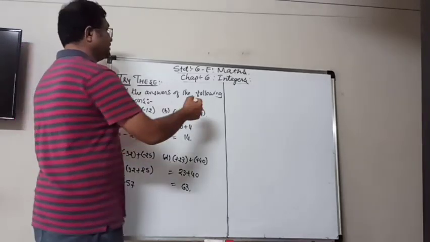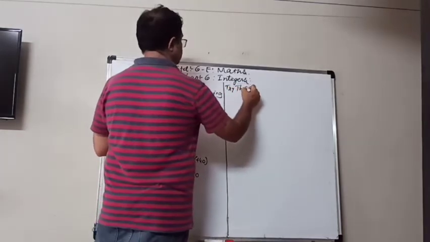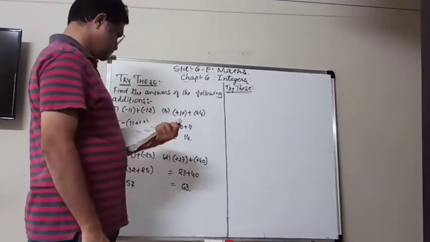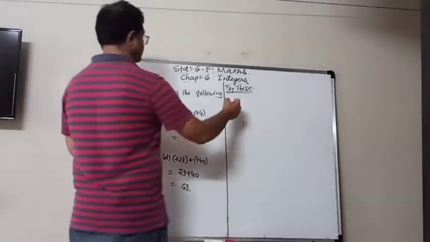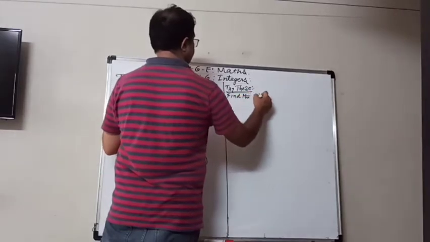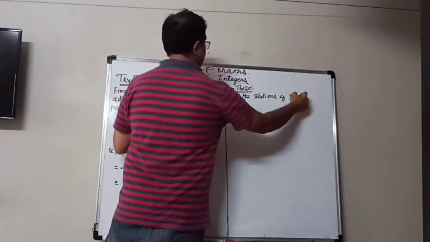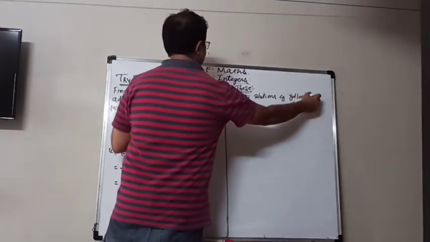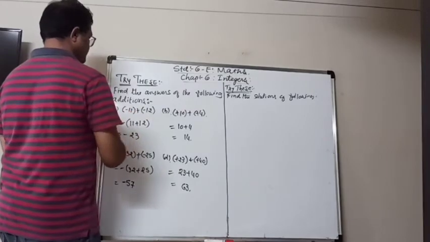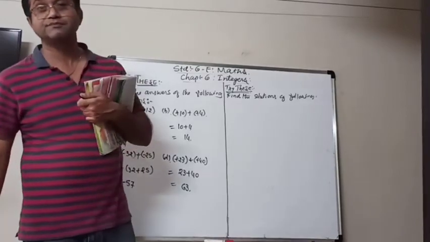Now there is another Try This on the same page, in which also we have to find the solution. Find the solution of the following. Here we see that either both of them were positive or both of them were negative integers.